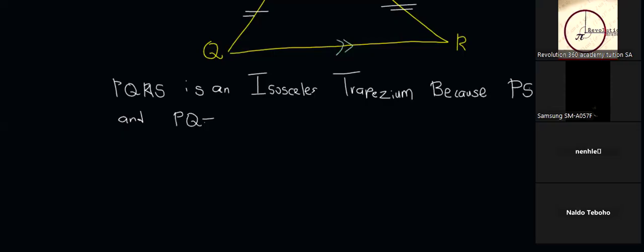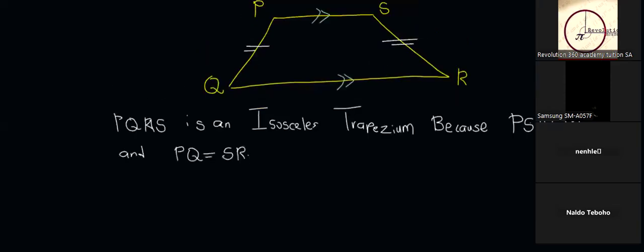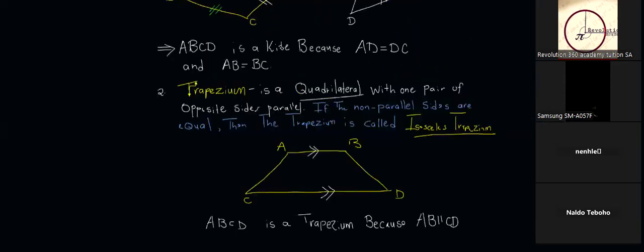All these basics, you must know them by heart. The trapezium is a quadrilateral with one pair of opposite sides parallel. And then that blue statement is very important. Why I say if the non-parallel sides are equal, then the trapezium is called an isosceles trapezium. So that's why I've showed you that this first diagram is a trapezium, because ABCD is a trapezium because AB is parallel to CD.